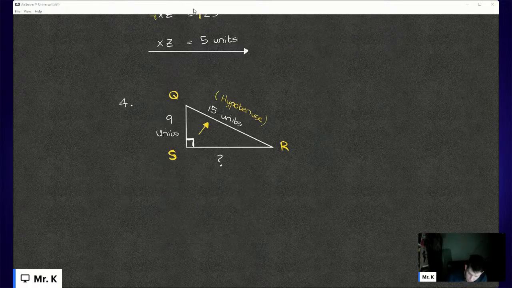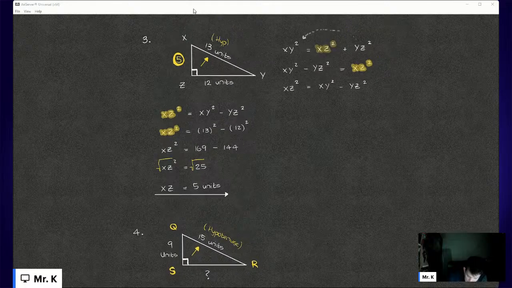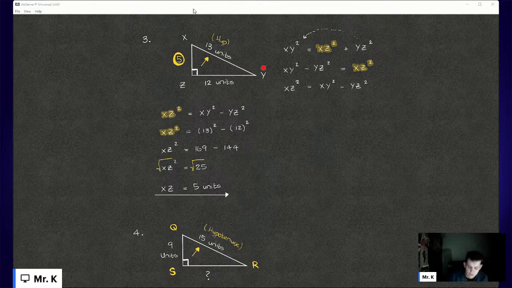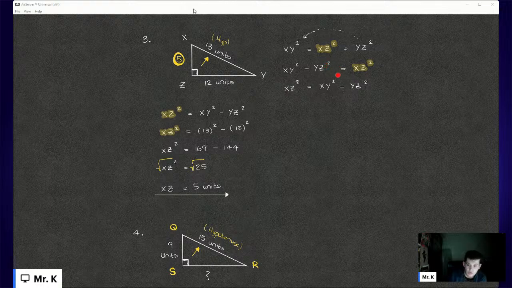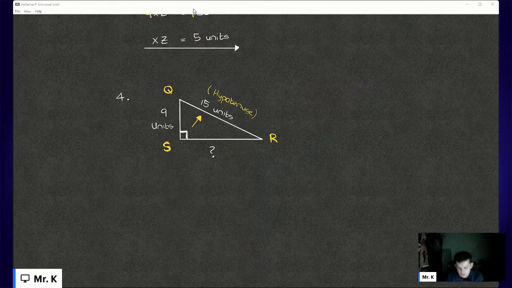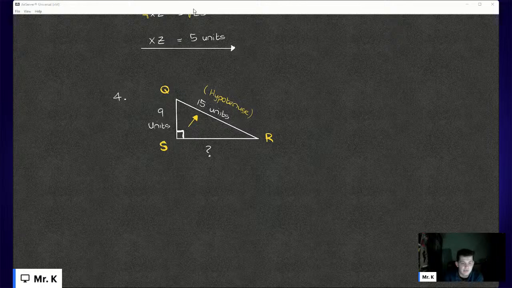Now, this time around, I'm going to show you how we can still solve this, but without doing all of this rearranging right in the beginning. In example number 3, we rearranged the formula or the theorem first, and then we substituted. We actually don't have to do that. So I'll just show you what that looks like if you choose to follow this sort of style.